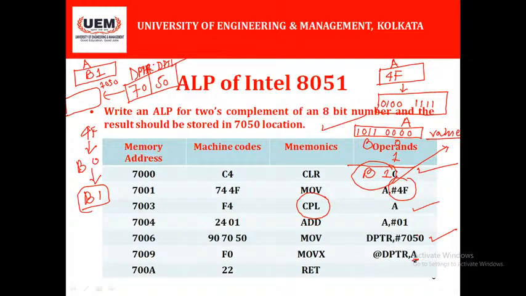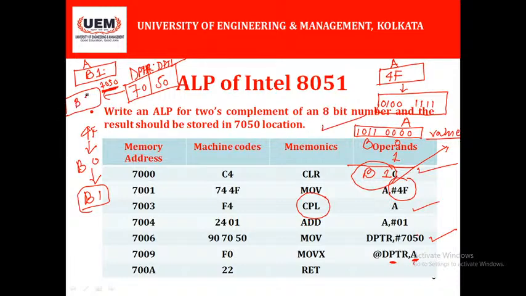Now the value of A is going to be transmitted to the DPTR location 7050. The value of the A register is B1, and that should be transported to 7050 for storage.